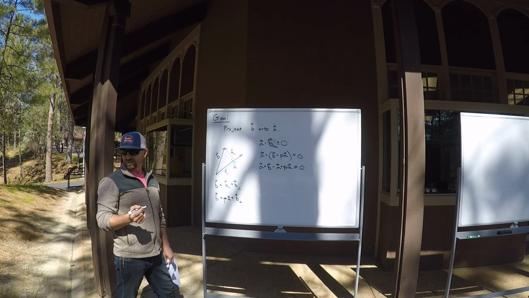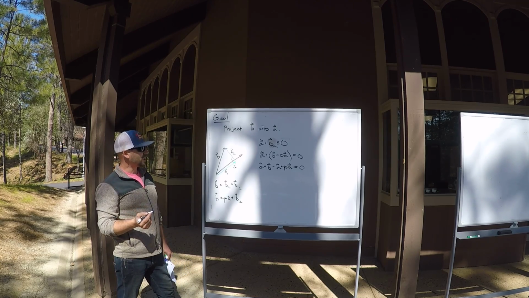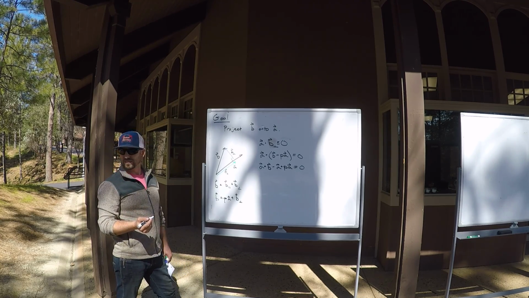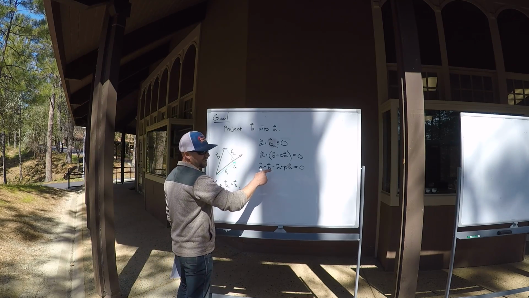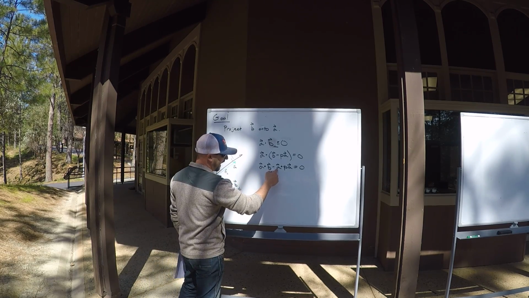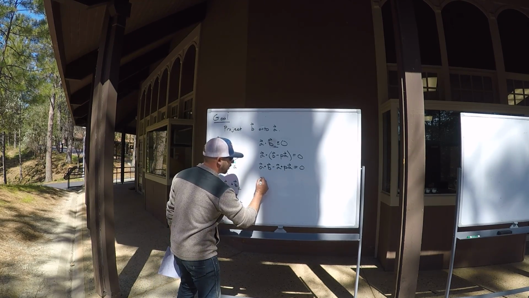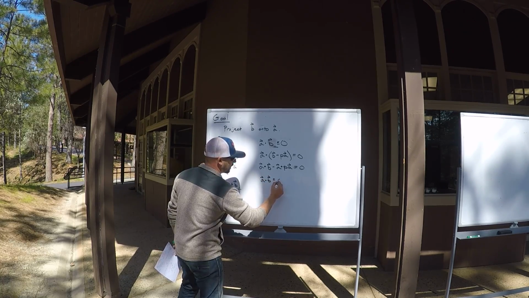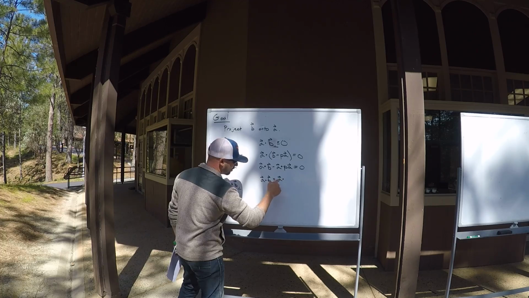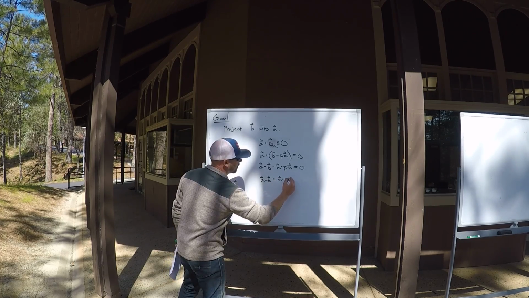Who's with me? Okay, so now what's the unknown in this situation? P is the unknown. So I'm going to solve for P by adding that thing to the other side. So I've got A dotted with B equals A dotted with P times A.